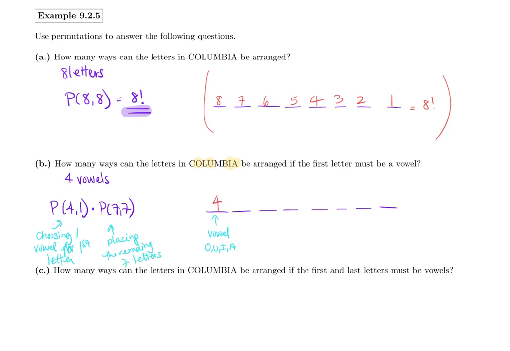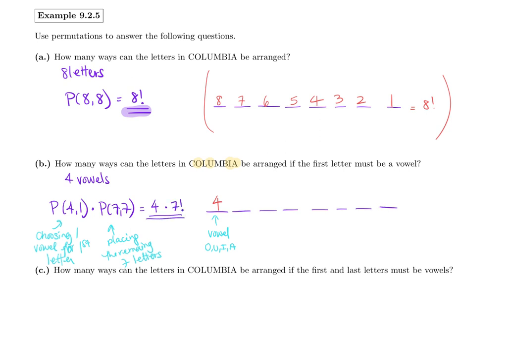Because once we pull out just that 1 vowel, we only have 7 letters left. So when we use our permutations either by doing the calculator command or by doing it by hand, our permutation of 4 choose 1 is 4. And permutation of 7 choose 7 is 7 factorial.